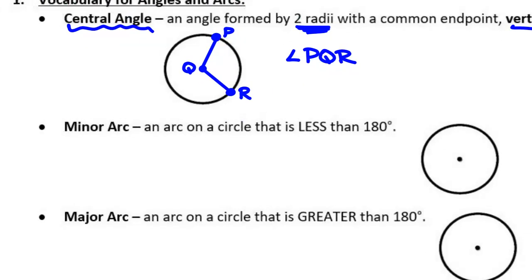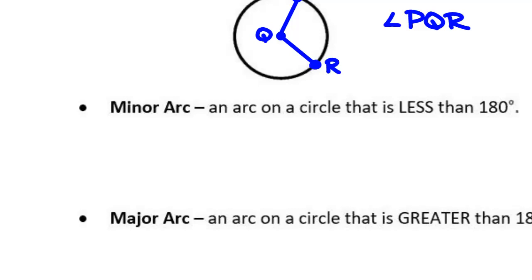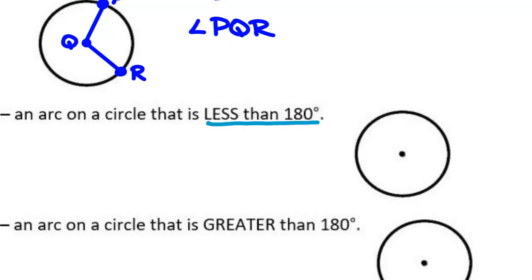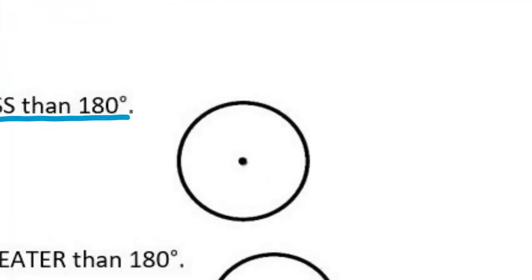An arc is the portion of the circle that is contained between 2 points. A minor arc on a circle is less than 180 degrees. So giving you an example of a minor arc here, let me go ahead and draw in a central angle.